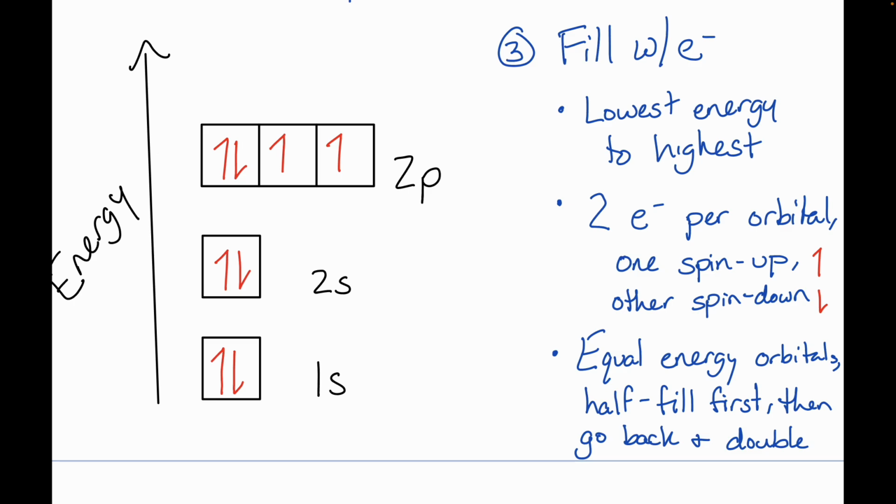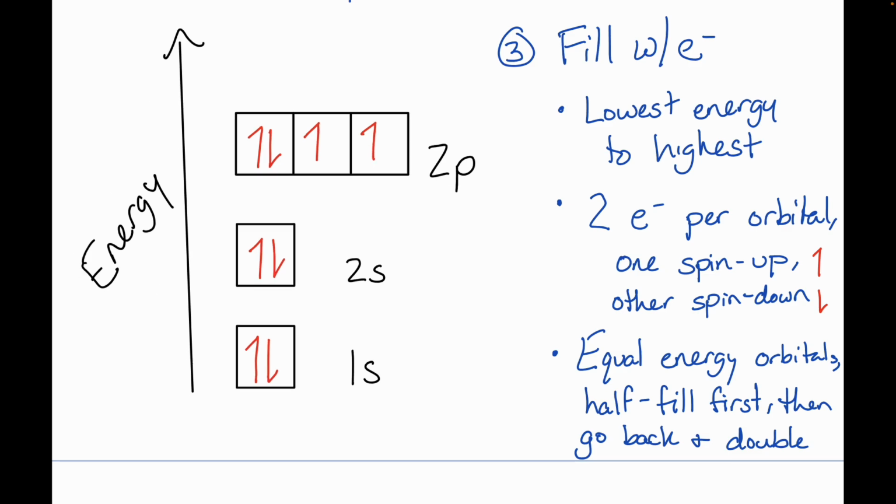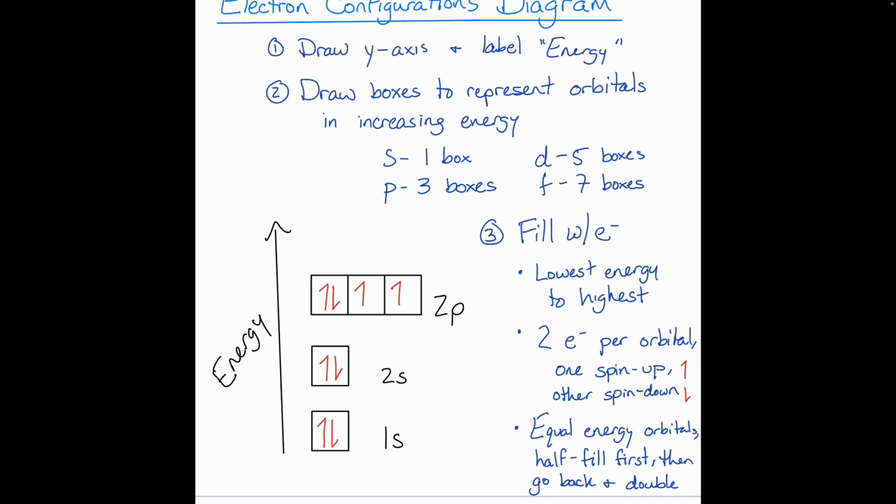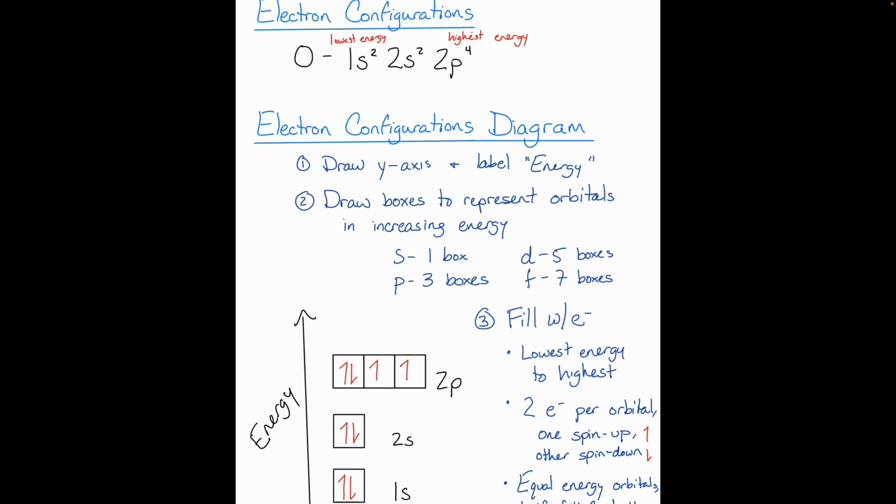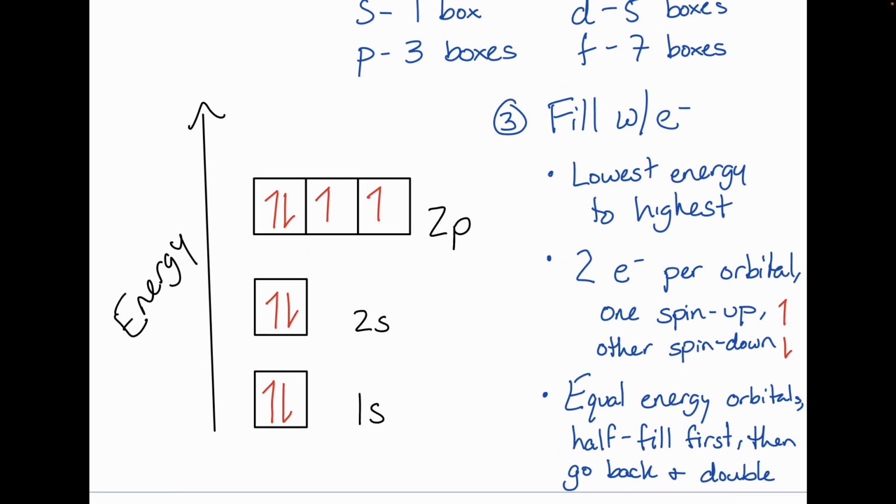And this is my electron configuration diagram for an oxygen atom. It conveys the same sort of information from that electron configuration that we wrote out based on the periodic table, but just kind of in this diagram form. And again, this is useful for describing certain experiments, so you'll see this sort of thing a lot in your chemistry career.